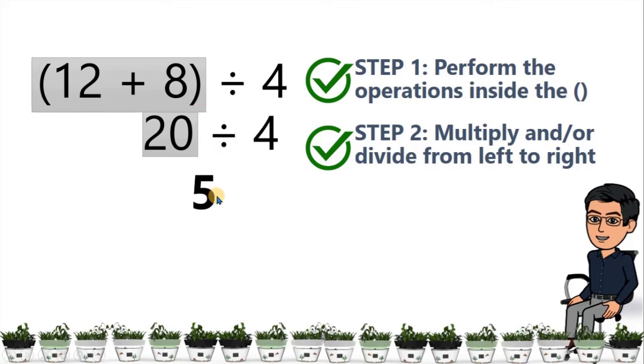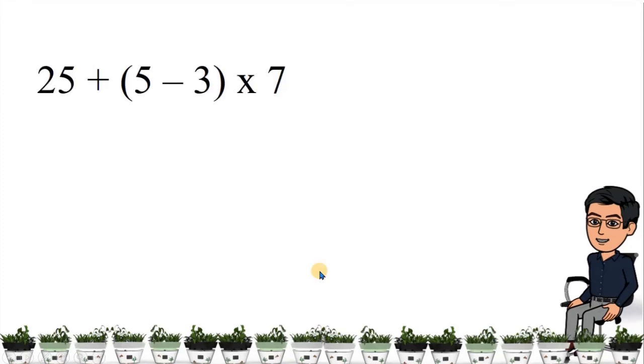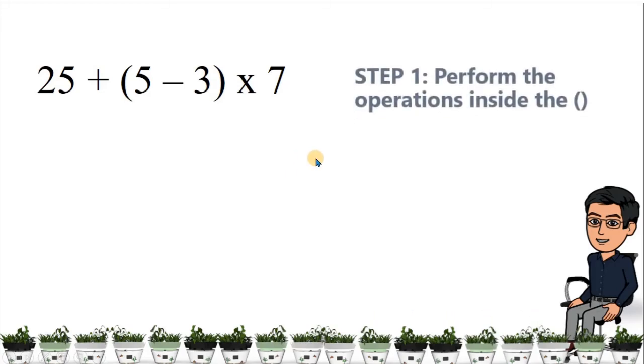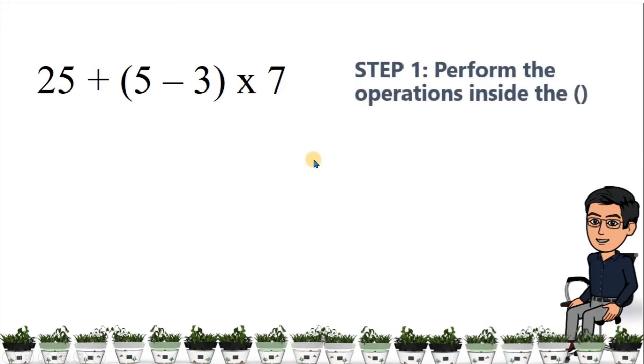Alright, let's proceed now to our last example. 25 plus the quantity of 5 minus 3 times 7. Now let's consider our steps. Step number 1. Perform the operations inside the parentheses. Do we have operations inside the parentheses?